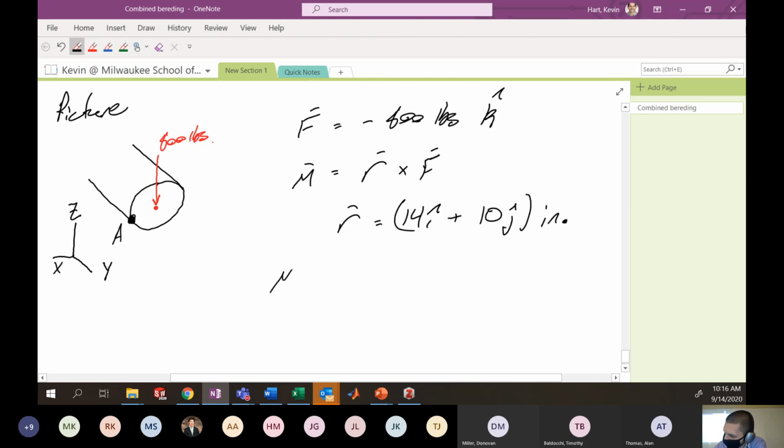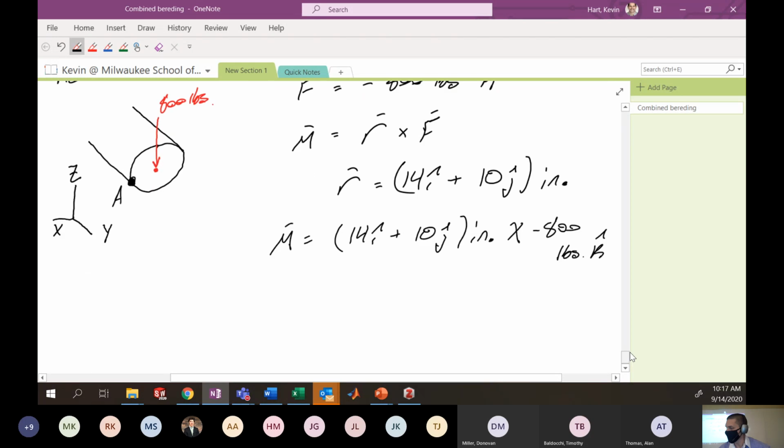So that means that the moment that results on this particular cross-section will be 14 i hat plus 10 j hat inches crossed with my force, which is negative 800 pounds in k hat. All right.